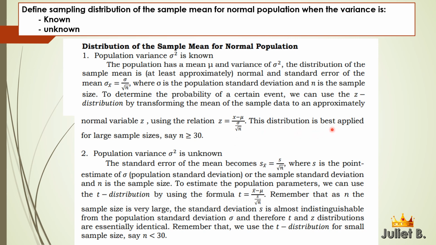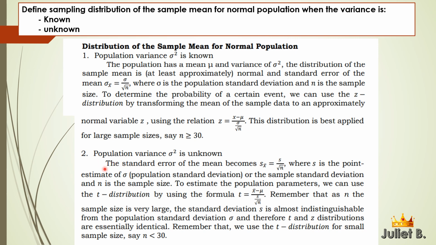This distribution is best applied for a large sample size, that is, when the sample size is greater than or equal to 30. So that is it. It is known if the mean and variance are present.